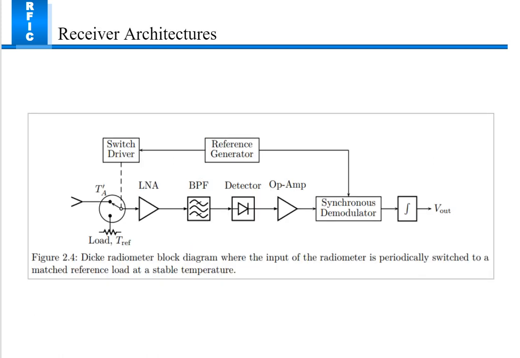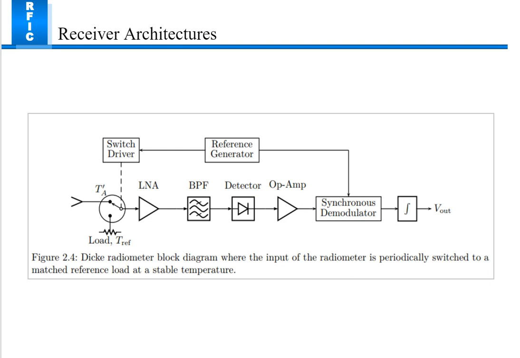This is the receiver architecture. As you can see, this is a Dicke radiometer block diagram, where the input of the radiometer is periodically switched to a matched reference load at a stable temperature.